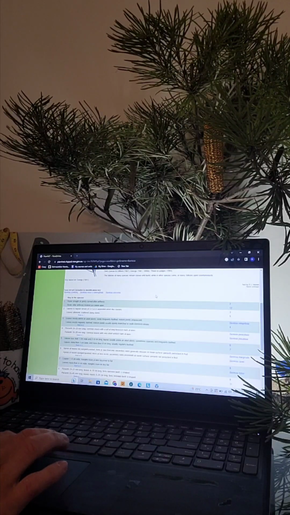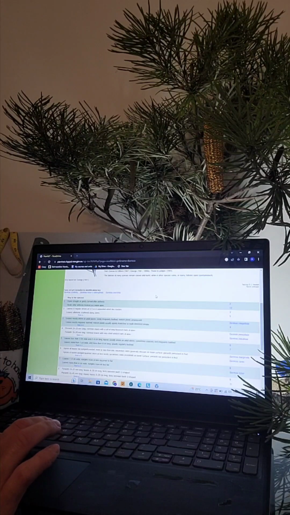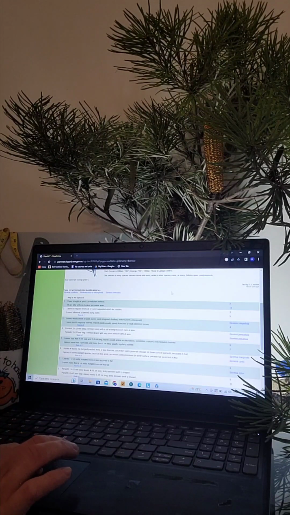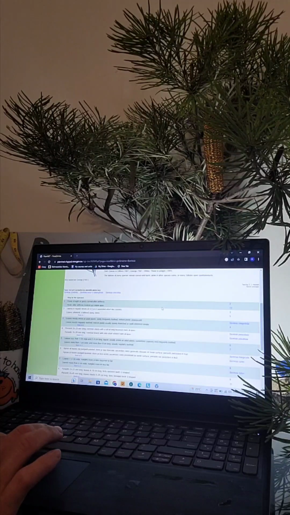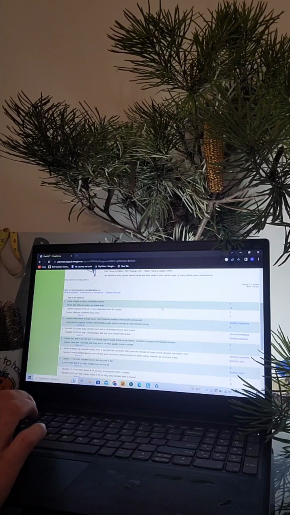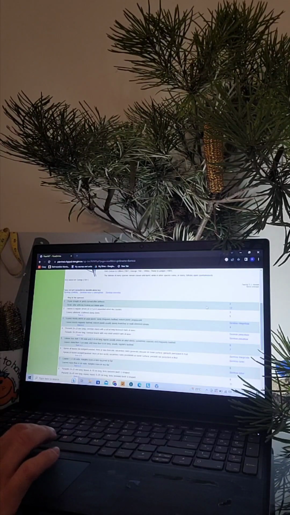Okay, here we go. Styles straight or gently curved after anthesis, or styles after anthesis hooked just below apex. We are actually going to pick this second one here because the style is the longest growing part of the flower and mostly remains hooked at the apex, which is the tip.